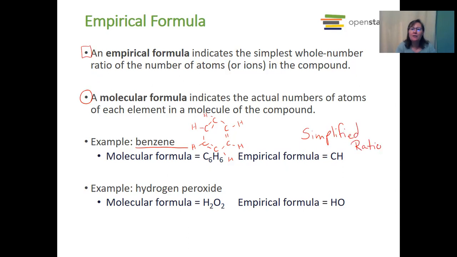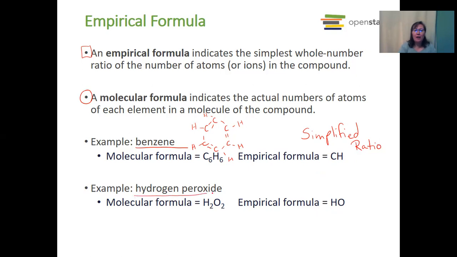The importance of this simplified ratio is that whenever we do a test to determine what we have, it will come back to us as a ratio, whether we do a mass spec or whether we're interpreting an NMR. It's not going to tell us that there's 6 of each one. It's going to tell us that we have a 1-to-1 ratio.